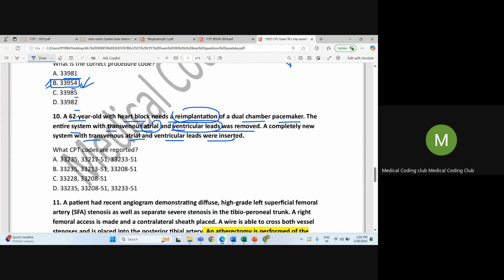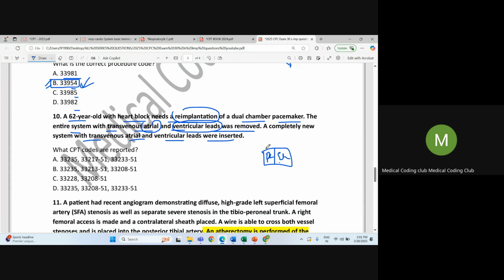Okay. As I already mentioned earlier, whenever you are coding for pacemaker and defibrillator, the component is important. Pacemaker consists of a pulse generator and electrode. Pulse generator is nothing but the battery, and electrode is like a wire. All those will be separate components. So now you have to check what exactly they are doing.